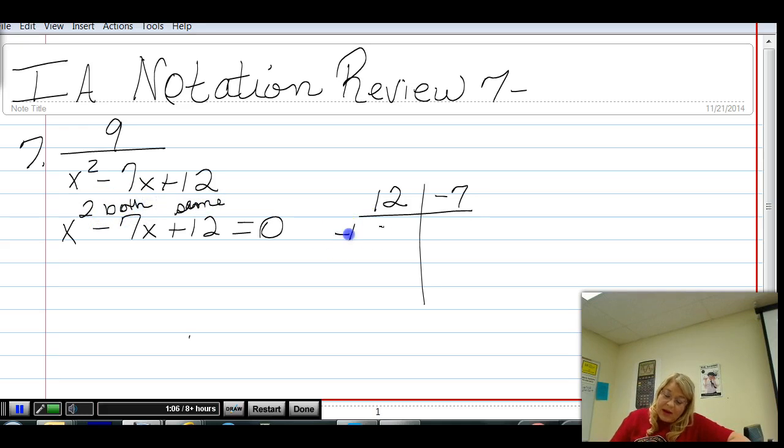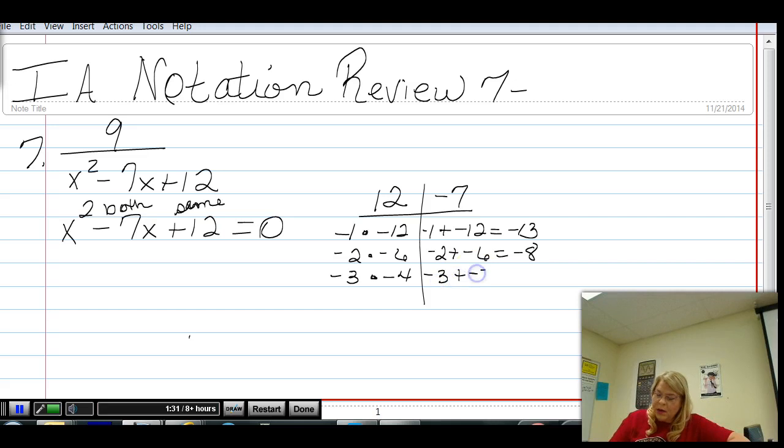So I have negative 1 times negative 12, which gives me negative 13 when added. I have negative 2 and negative 6, which give me negative 8 when added. And then I have negative 3 and negative 4, which give me the negative 7 that I wanted when I add them.